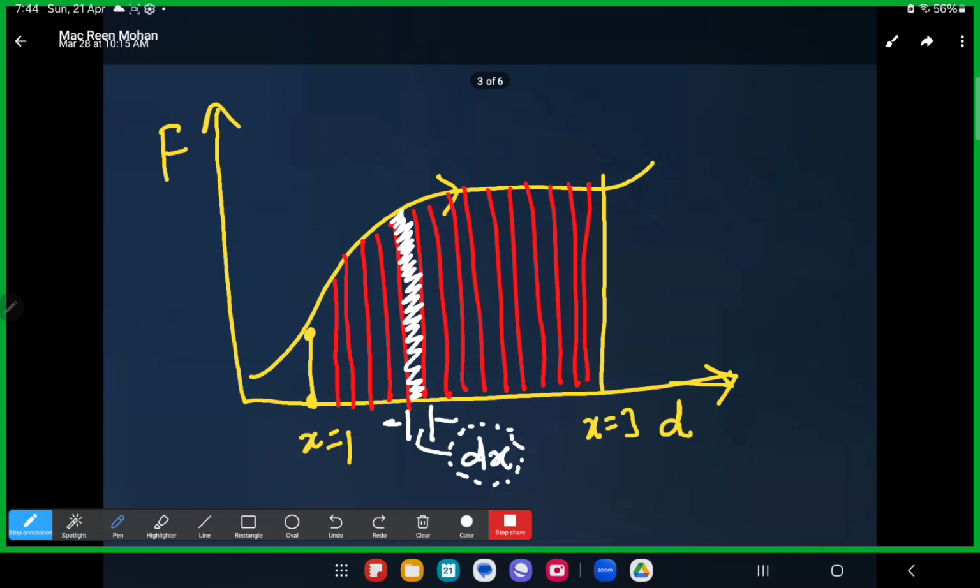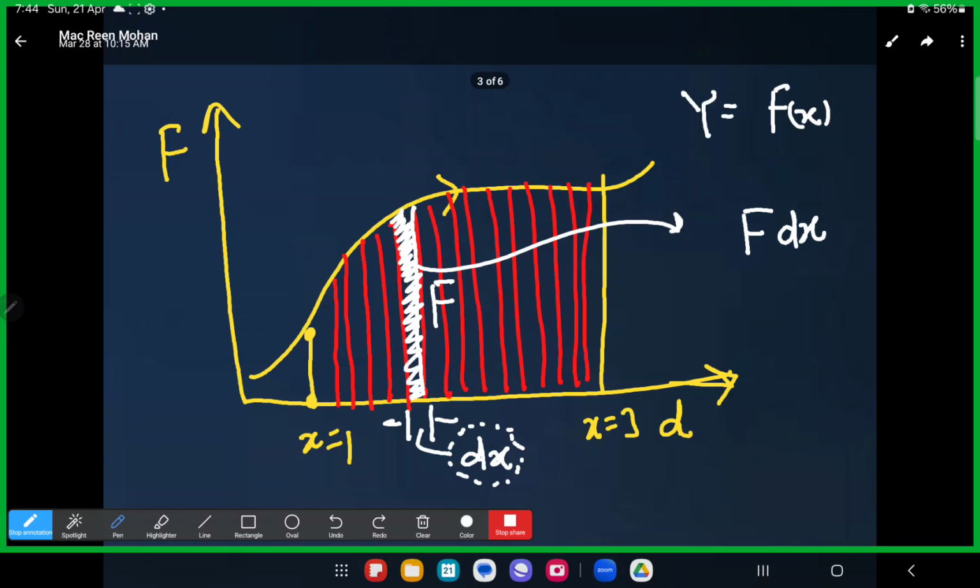And you know f, since here y we have expressed as a function f(x), once I keep this value of x, we can get the respective f. So the length is f, the breadth is dx. If I calculate the area of this strip, it will be length into breadth. This is the area. Fine.